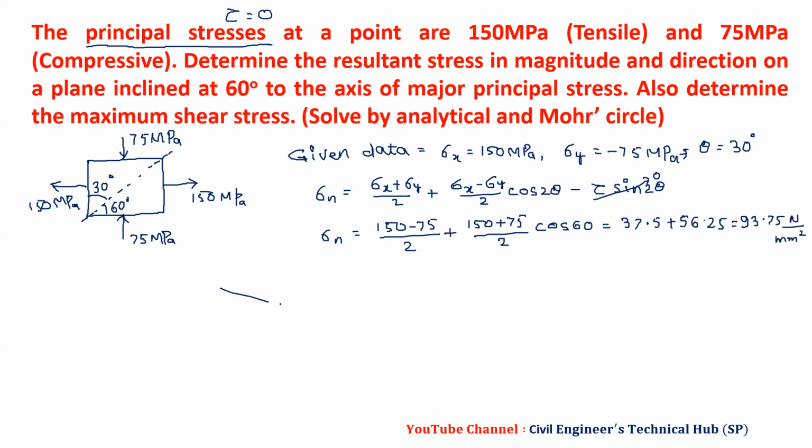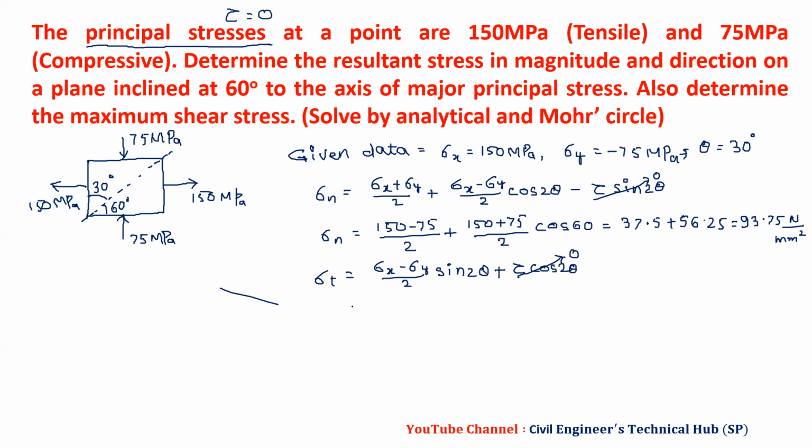And then find sigma t. So we have sigma t equal to (sigma x minus sigma y)/2 sine 2 theta plus tau cos 2 theta. But tau we have 0, so this becomes 0.